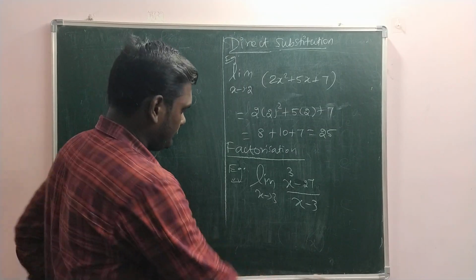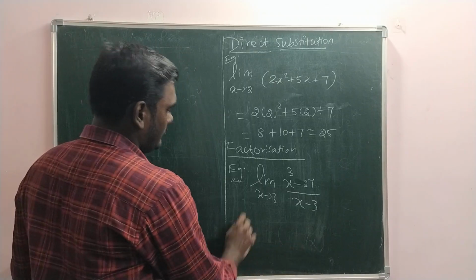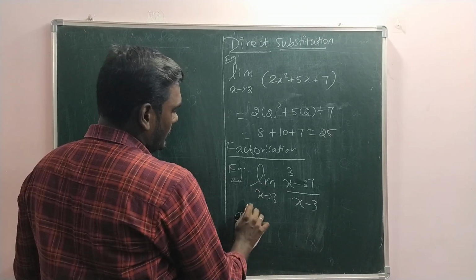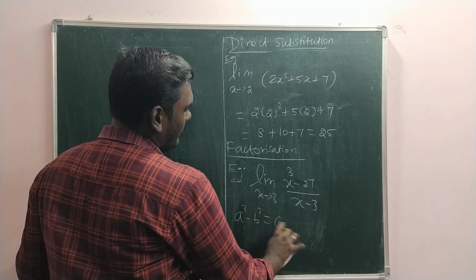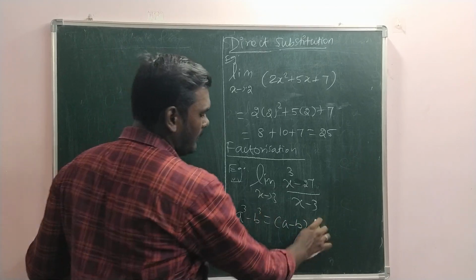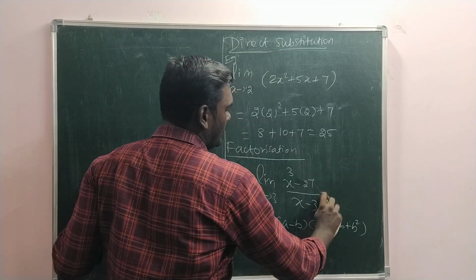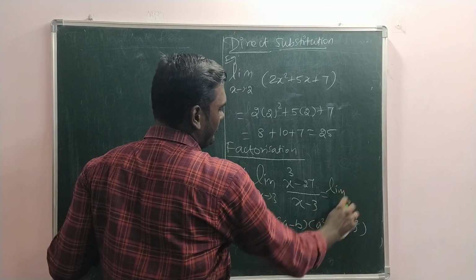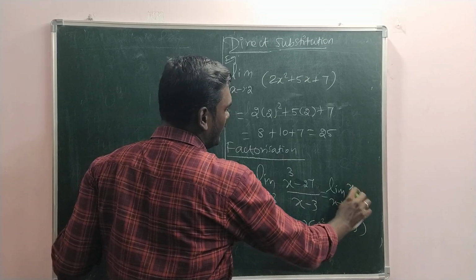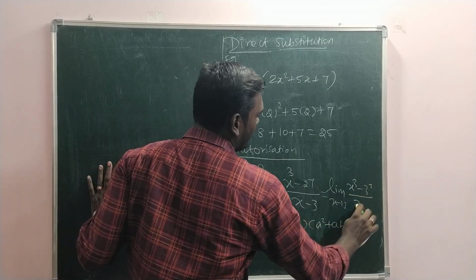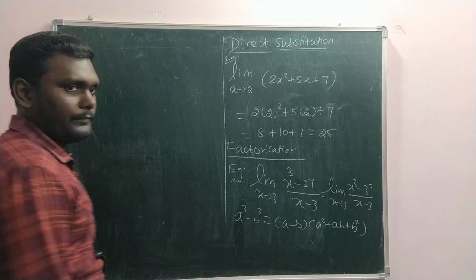We'll factorize. How to factorize? This is the a cube minus b cube formula: a minus b into a square plus ab plus b square. So this is actually limit x tends to 3 of x cube minus 3 cube by x minus 3.